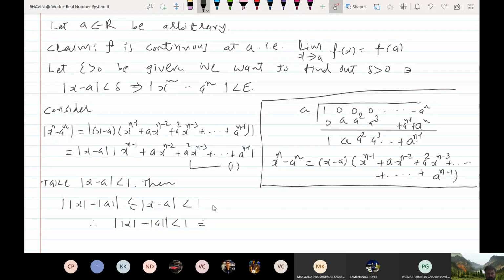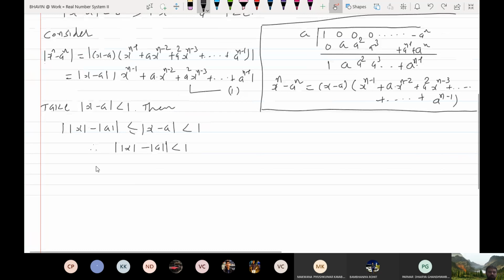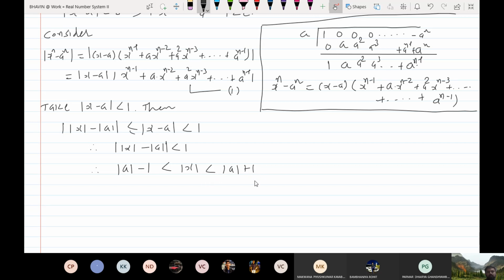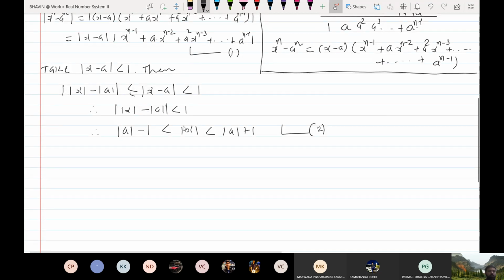So this implies, or you can write it this way also: modulus of a minus 1 is less than modulus of x, which is less than modulus of a plus 1. Now from this I can conclude that modulus of x is less than modulus of a plus 1 whenever modulus of x minus a is less than 1. So I have imposed one condition: modulus of x minus a must be less than 1.